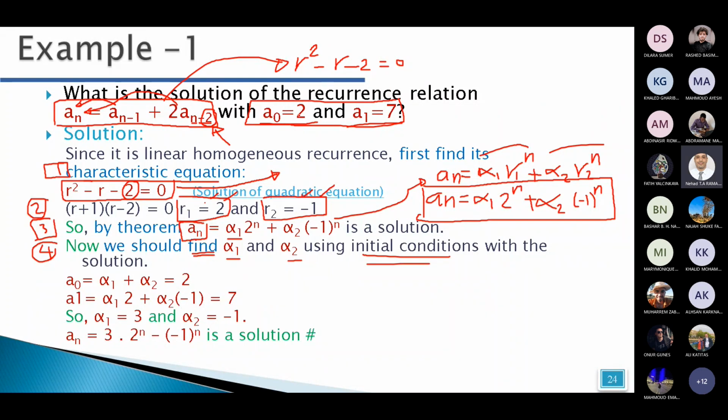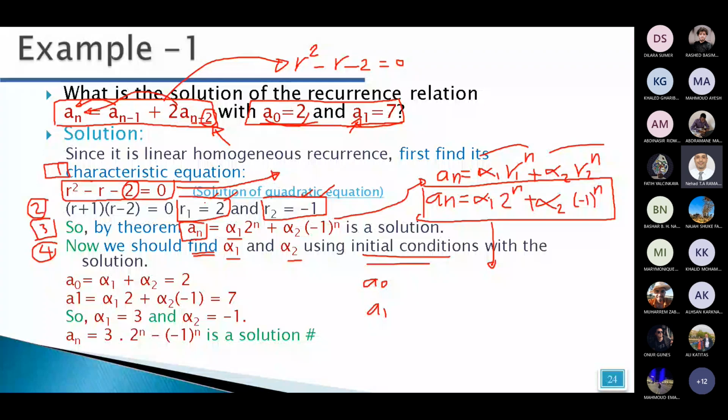Because we can use the solution with these initial values to get two equations for alpha. So let's take this equation for a0, the first initial condition, and for a1, the second initial condition.